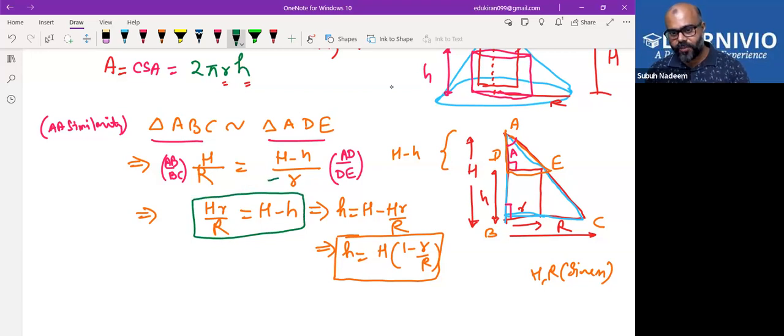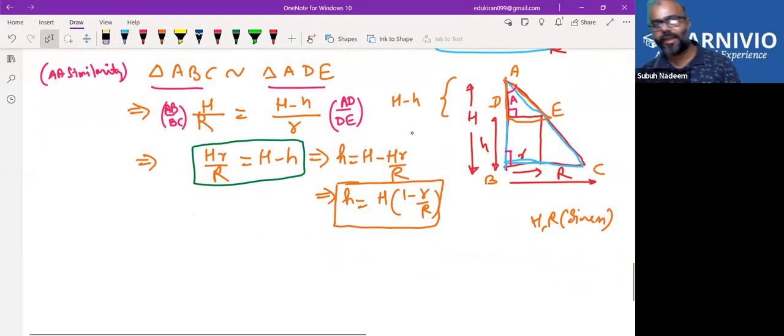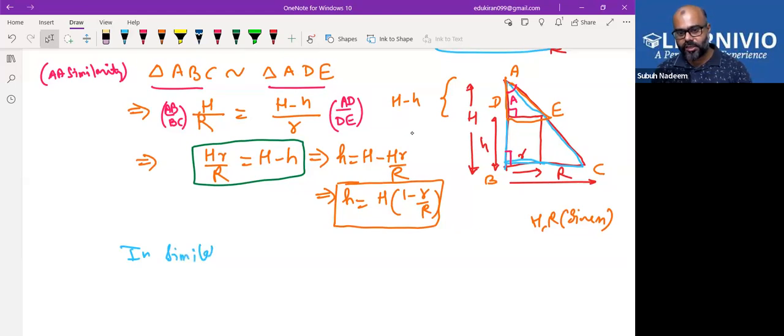So here we have multiplied this by H. So it is Hr by R is equal to H minus h. So how did we get this? We get it by similar triangles. In similar triangles, as we have studied in class 10, corresponding sides are proportional.